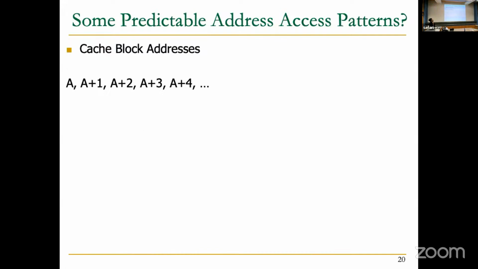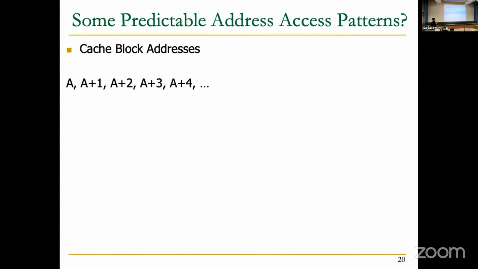Okay, so here is some access pattern and how predictability can be judged from it, right? Always keep in mind that these are cache block addresses, not exact memory addresses. So you're seeing a program accessing A plus 1, A plus 2, A plus 3, A plus 4, and so on. That's the easiest way to understand it, just a streaming pattern.